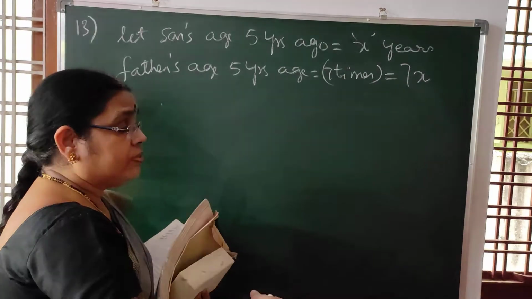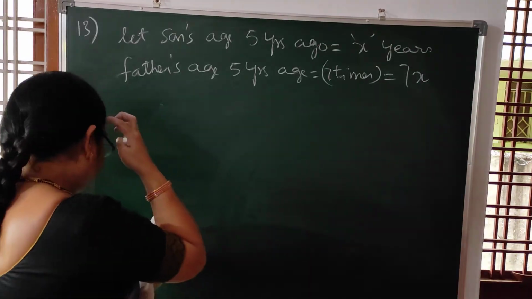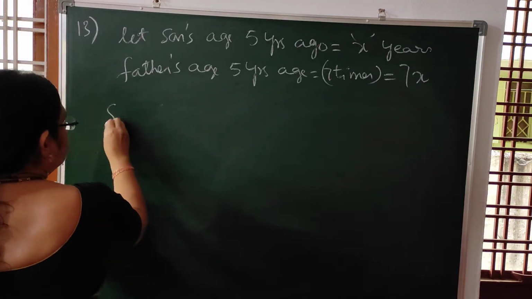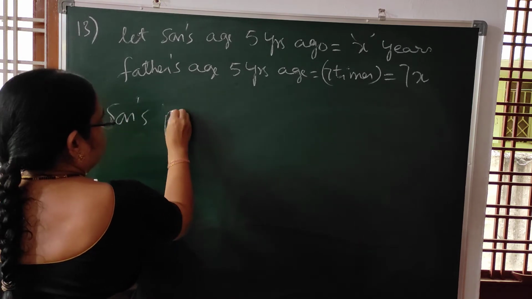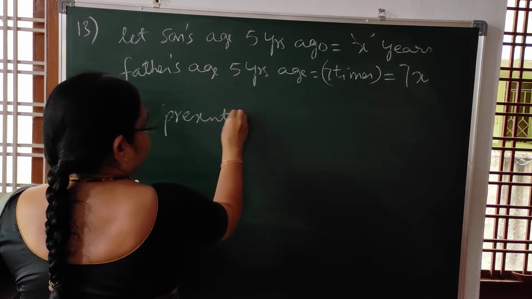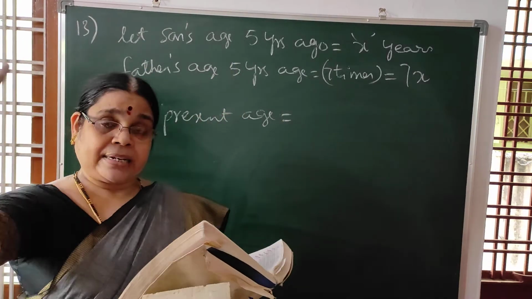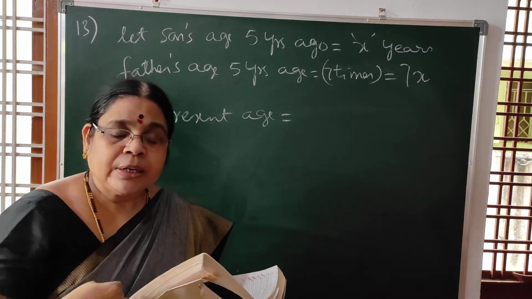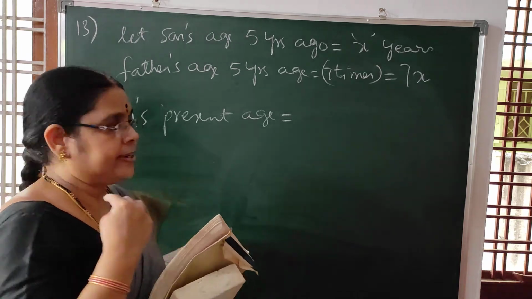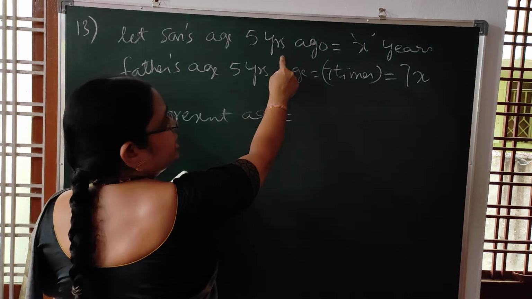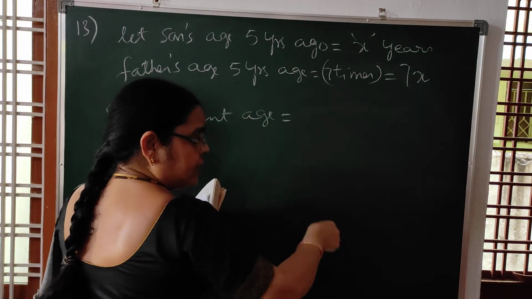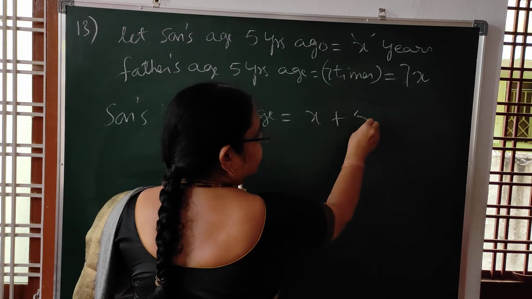Now what will be their present age? Son's present age: this age is from 5 years back. Now what will be his age? Plus 5. So 5 years back this fellow is x years. Now his present age is x plus 5 years.